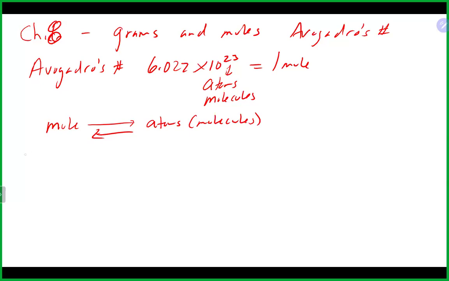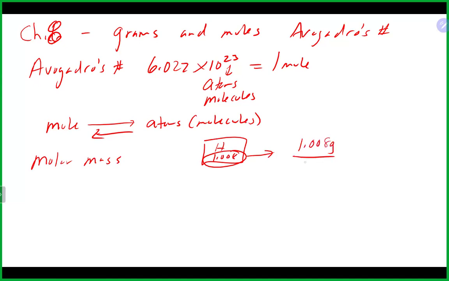Probably the conversion we use the most is molar mass. Molar mass comes from the periodic table, and it is the number on the bottom. So for example, hydrogen would be 1.008 grams per mole. Remember that we can use that as a conversion factor, and flip it around to do dimensional analysis.